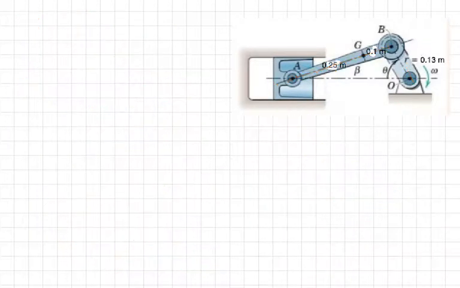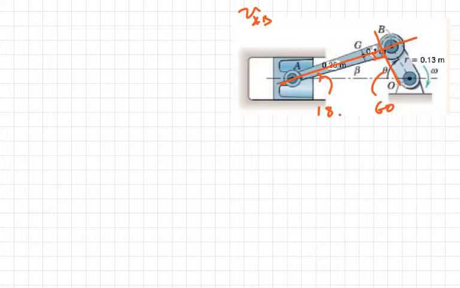All right. Since we said that VAB is perpendicular to AB, which means it's perpendicular to this, this will be 90, and we've computed theta to be 60, and our beta to be 18.72.